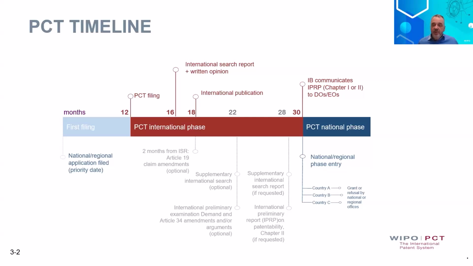And so it's basically a possibility when you enter the national phase to speed up the national processing of your applications. By the way, it also applies outside of the PCT, but that's at least a quick and dirty explanation of PPH, probably not really sufficient to explain everything, but there is quite a bit of information on our website.